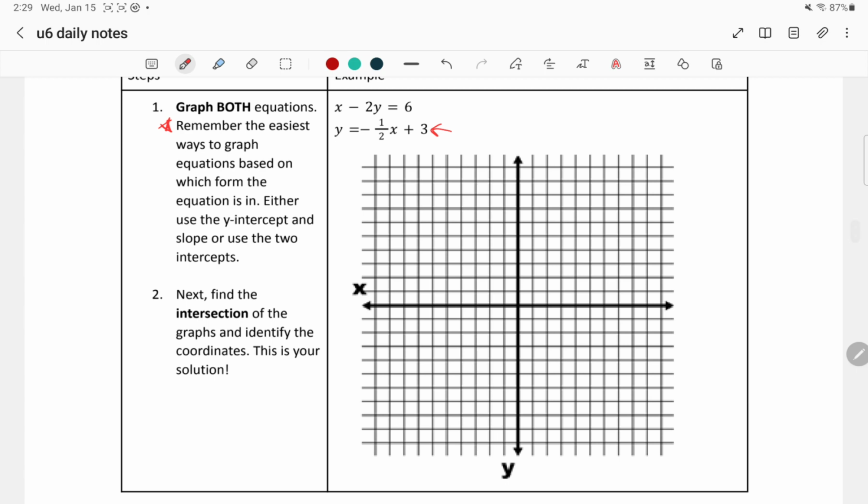When it's in slope-intercept form, we can plot the y-intercept and count the slope. Or if it is in standard form like this one, we can find the x and y intercepts.